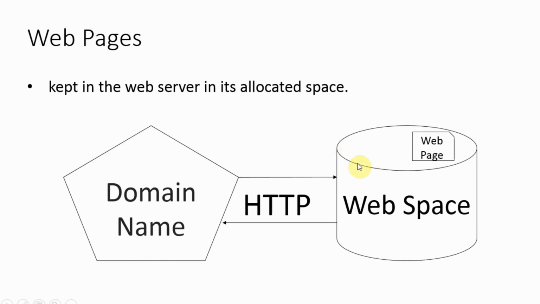For example, this is the web space, the big bucket, isn't it? Inside it, in any space, there would be web pages for that particular domain. For another domain, we can also have web pages inside the web space if it has enough space to store the web pages of the other domain.